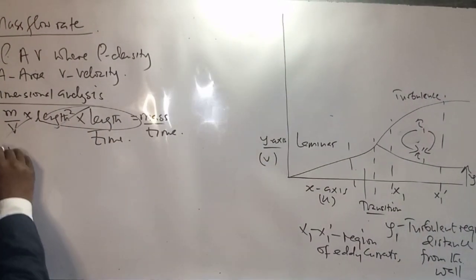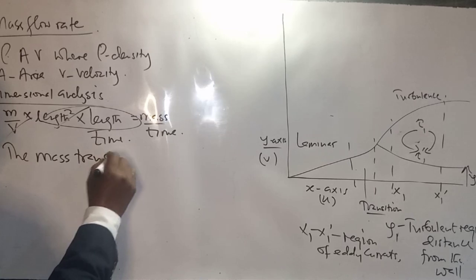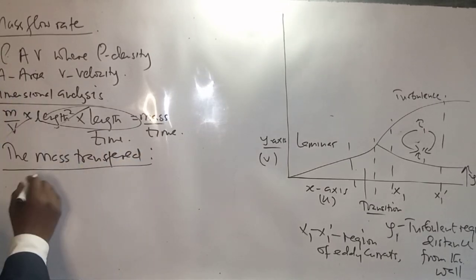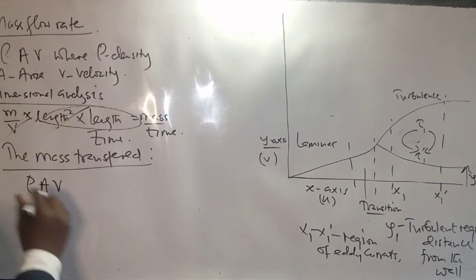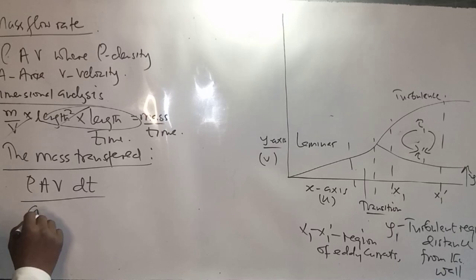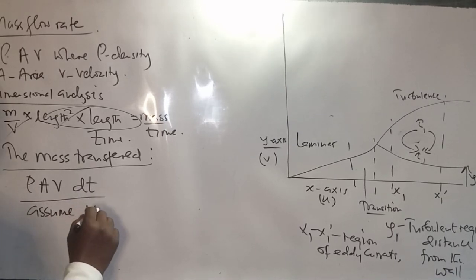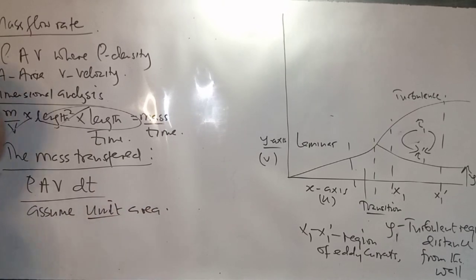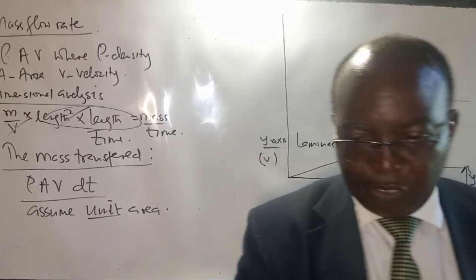Therefore, the mass transferred we just get by multiplying by the time interval, for the unit volume, the t. We are assuming we are dealing with unit area to make our calculations easy. So that's the mass transferred.